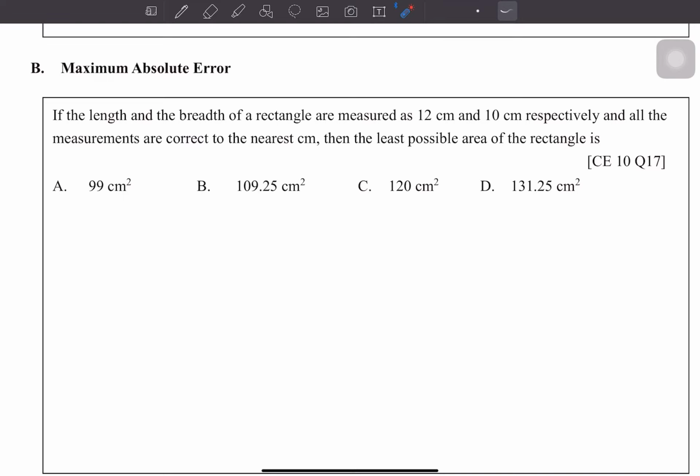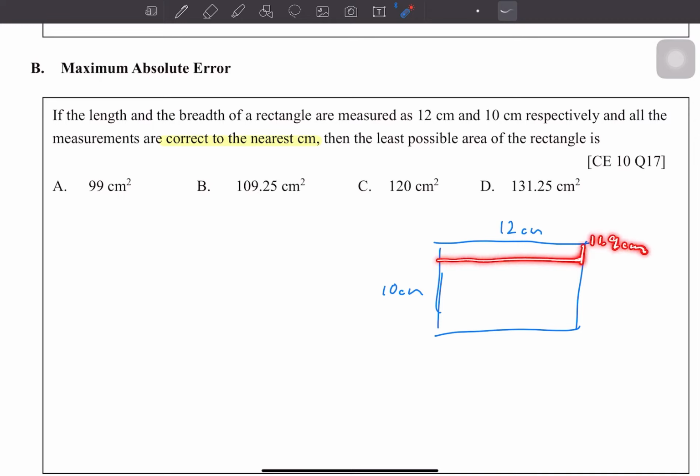If we try to measure the rectangle, if the length is 12 cm and 10 cm, and all measurements are correct to the nearest cm. That means this 12 cm is not the exact value. Maybe you put your ruler here, you find this as 11.9 cm, then correct to the nearest cm, you will write down 12 cm here.